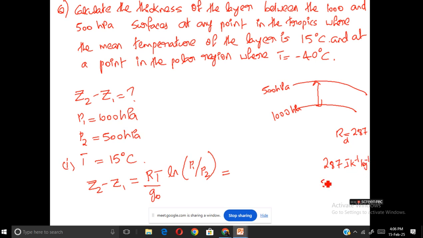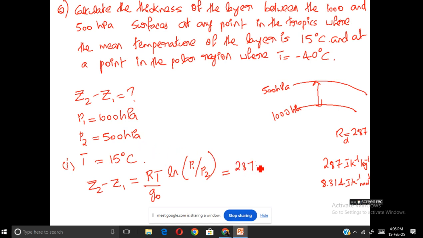In case of the universal gas constant 8.314, the unit is joule Kelvin inverse. So we have converted it in terms of the mass of the gas that we are considering. So 287 joule Kelvin inverse kilogram inverse will be the value that we will be using here.